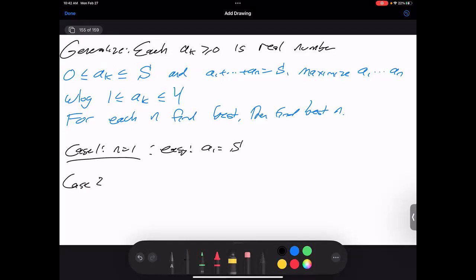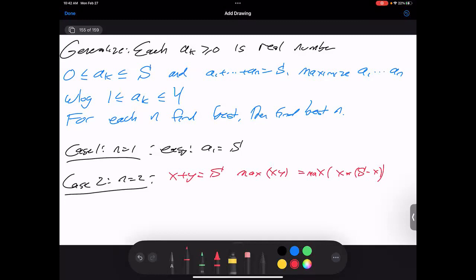So case 2, when n equals 2, we have, say, x plus y equals s, and we want to maximize x times y, which is x times (s minus x). So you might remember this as the Farmer Brown problem from calculus.